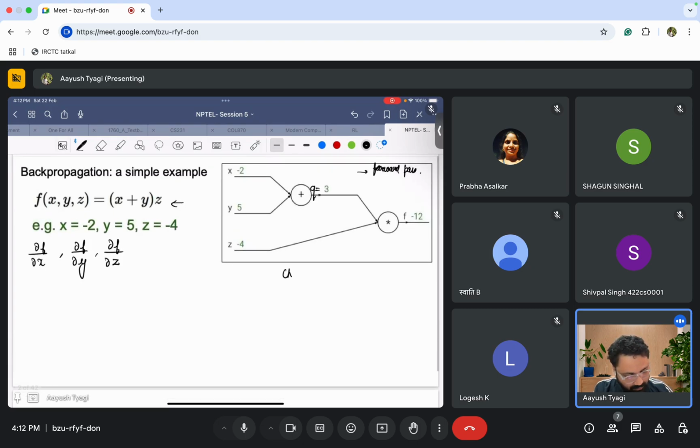For that you should know the chain rule. Whenever I compute the derivative of f with respect to x, I can write it as the derivative of f with respect to q times the derivative of q with respect to x. This is the path I'm taking: I go through q, and then move in this direction.